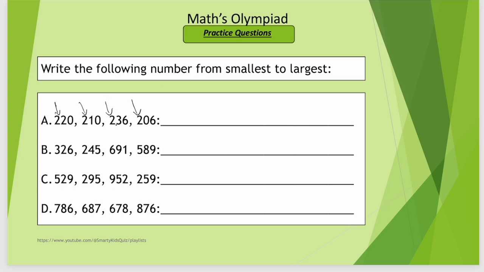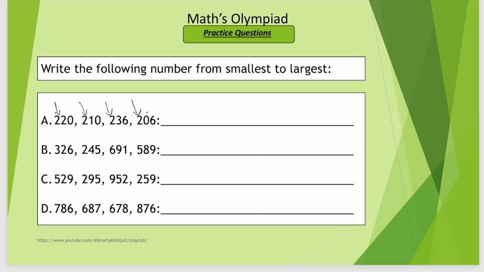At the tens places, which one is the smallest? 0 is the smallest. At the ones places, what is the number? 6, 6, 0, 0, right? So definitely 206, with 0 at the tens place.